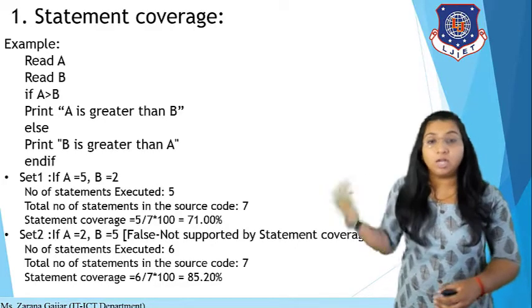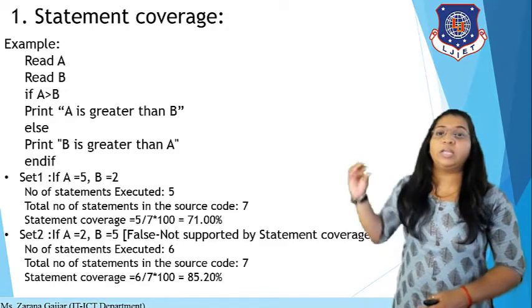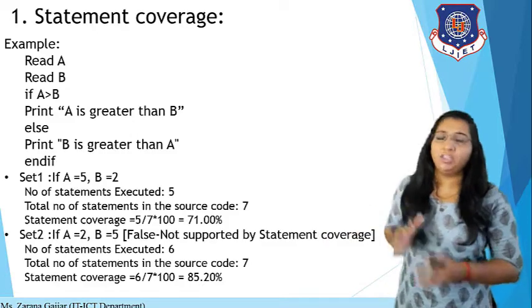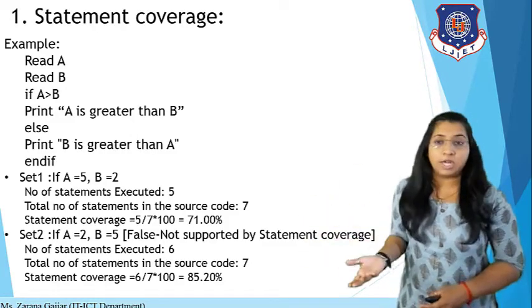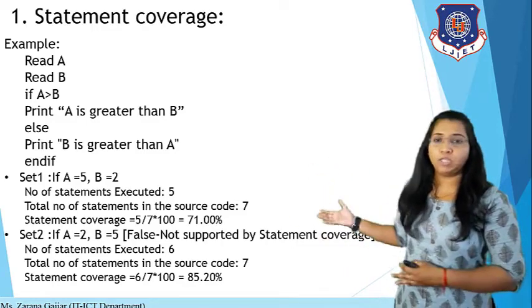Now let's take another test case, where A is 2 and B is 5. That is the false condition, but the false condition is not supported in statement coverage, as we have already discussed. That is the drawback of statement coverage. But let's understand the calculation for the false condition.